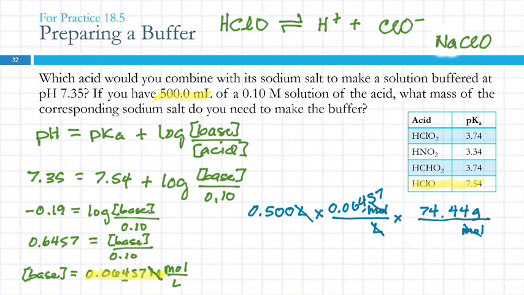So 0.5 times 0.06457 times 74.44. So this is going to give us 2.403 grams. We're working with two sig figs, so 2.4 grams.